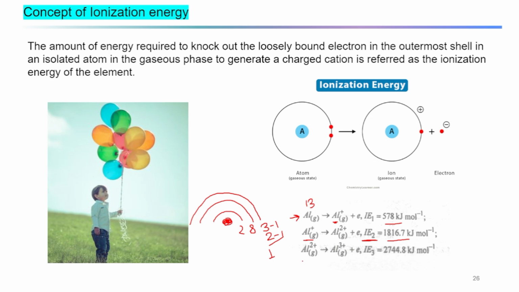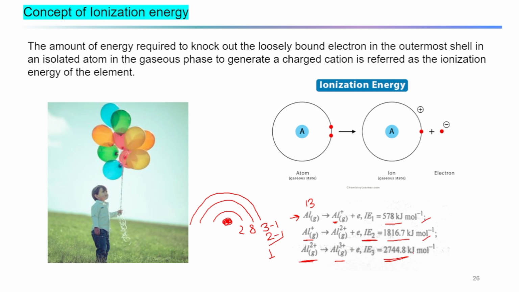So when we try to take out another electron from aluminium 2 plus to generate aluminium 3 plus, we actually have to provide much more energy. You can see this much energy we have to provide, 2744.8 kilojoule per mole, which is more than the summation of its IE1 and IE2. Even if you sum these two, this number is much greater.